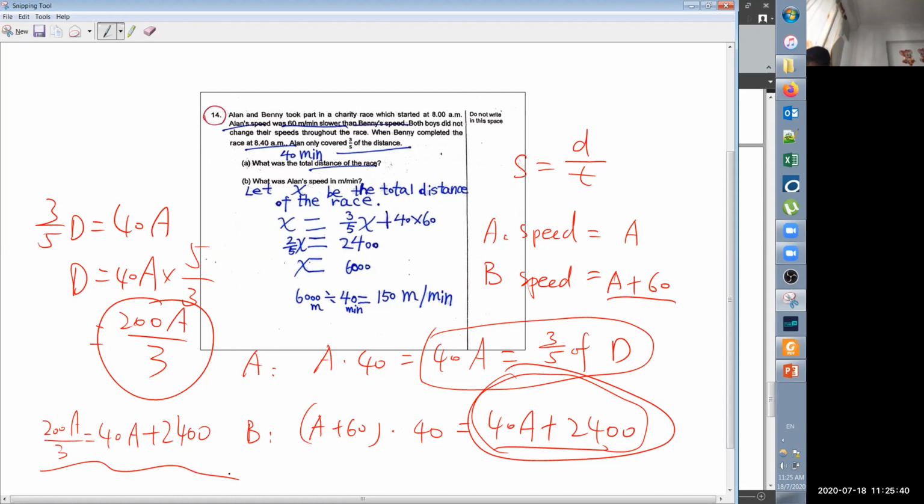Allen's speed is 90 or what? A 是90. Oh, you mean the total distance is 90 meters? 不是 Allen 的 speed. So it's Allen's speed is 90 meters per minute.